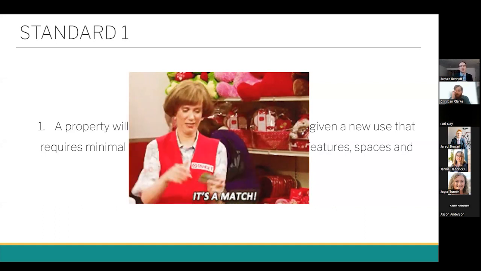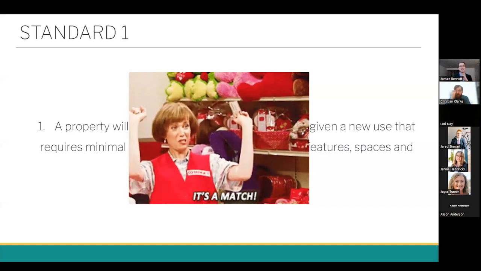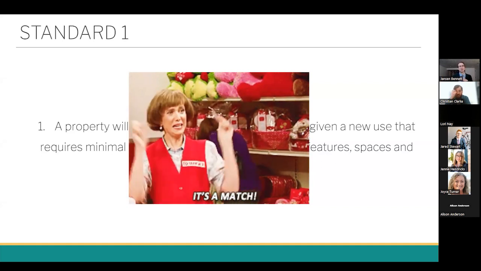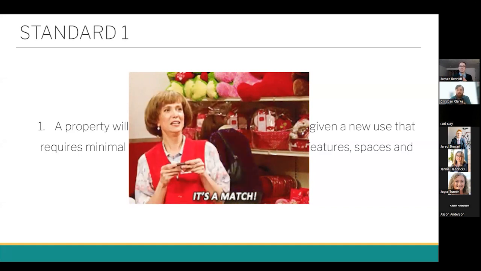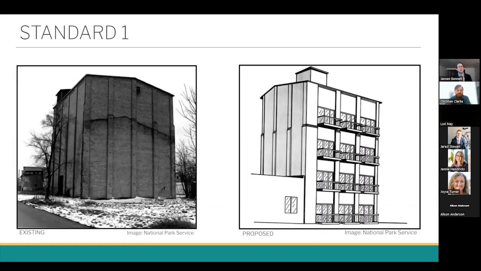So I'll give a few examples of projects, new uses that don't match, as well as an example of a use that does match. What you see on the left is an ice storage house from the Northeast that dates back to the late 19th century. Now, we have freezers, we have refrigerators, some people have ice makers, we don't need an ice storage house.